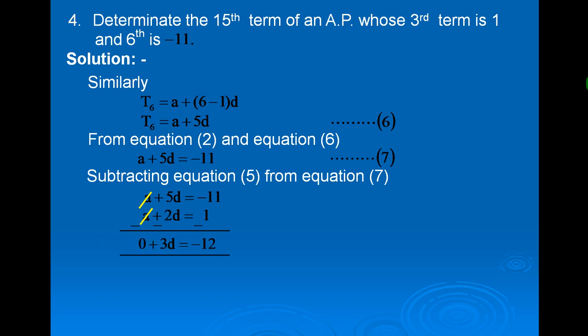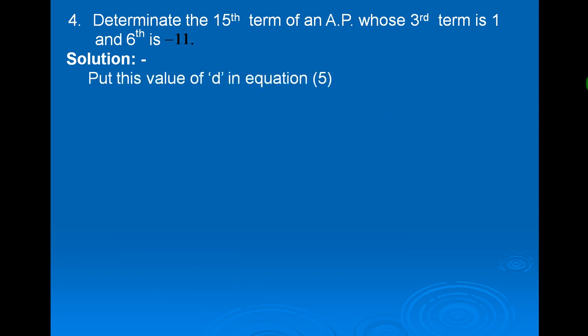Therefore 0 plus 3d is equal to minus 12, or 3d is equal to minus 12, or d is equal to minus 12 upon 3. Now 3 ones are 3 and 3 fours are 12. Therefore d is equal to minus 4.